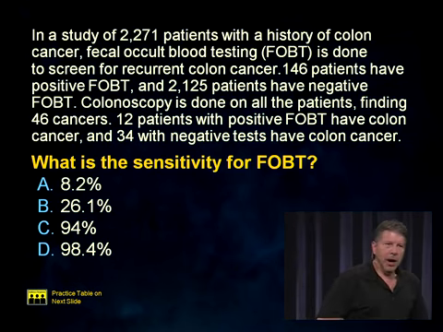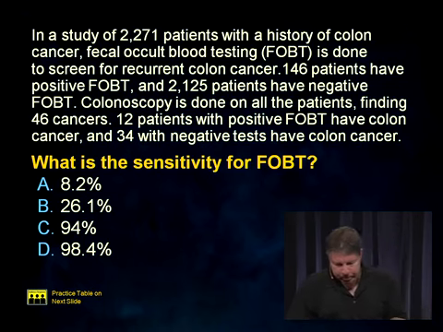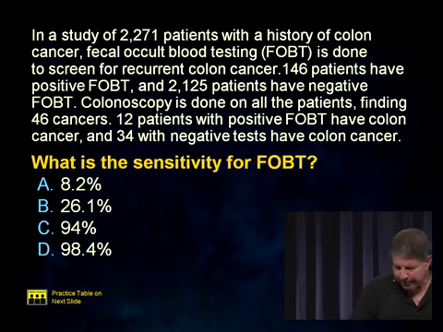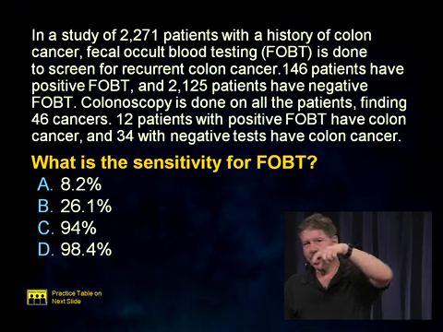So I want you to get your piece of paper and draw a square. Draw your square. Put the cross in the middle. Okay, is everybody good with that? All right, what goes on top? Disease. So we're going to put cancer and no cancer.